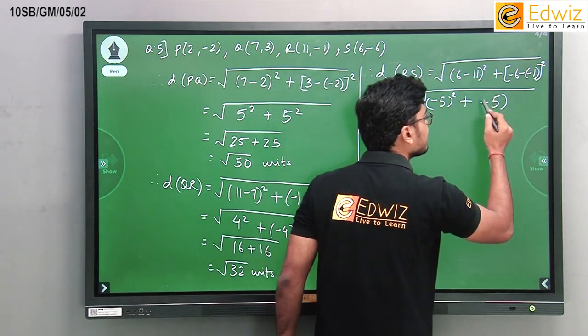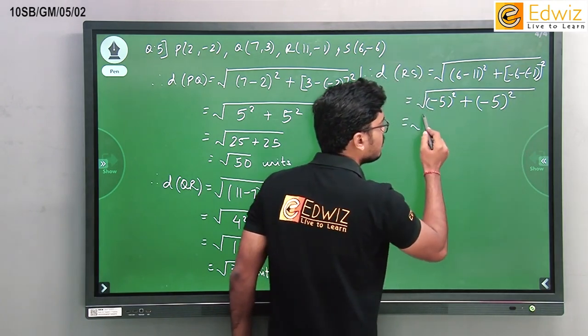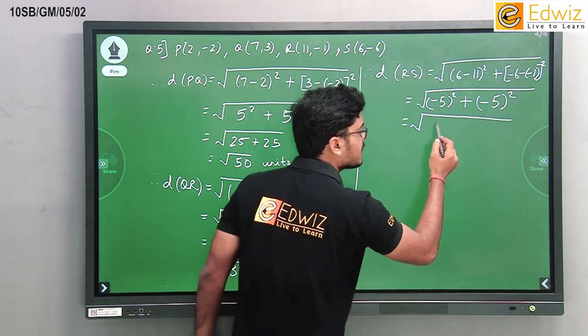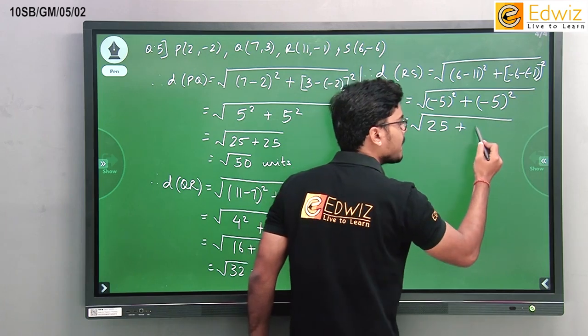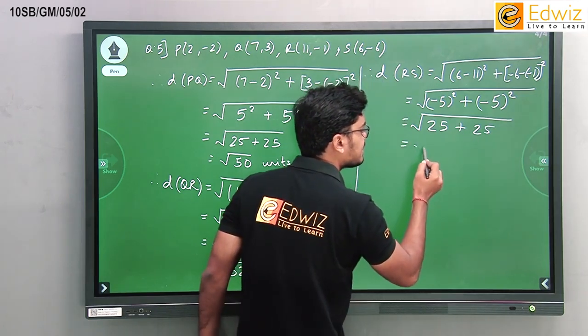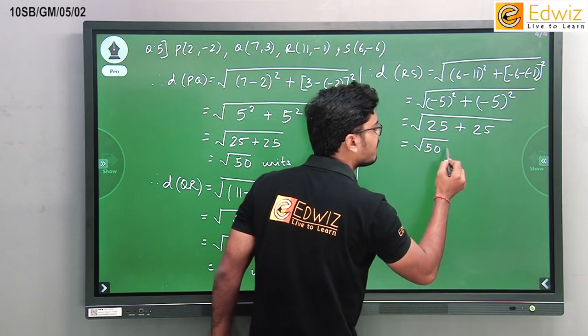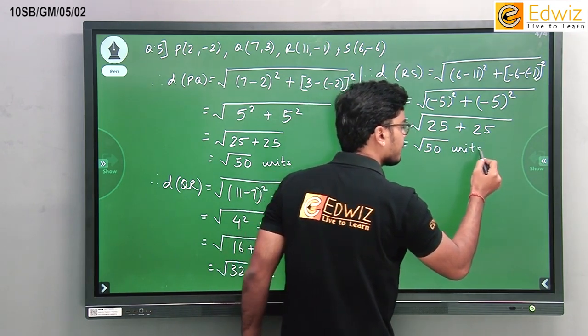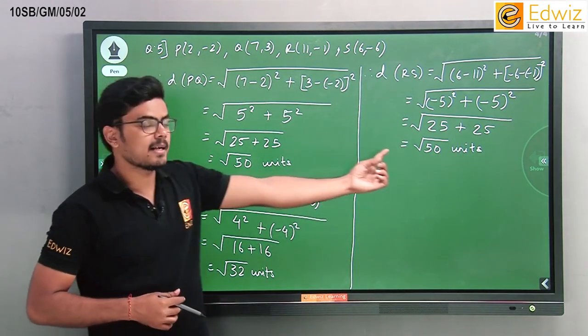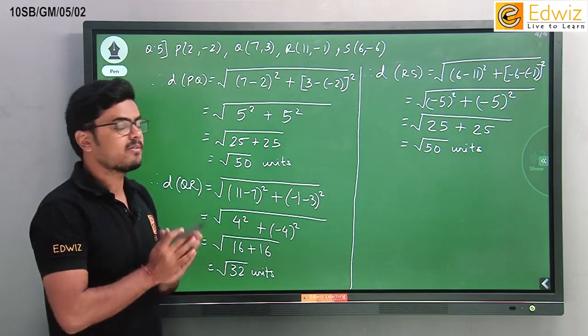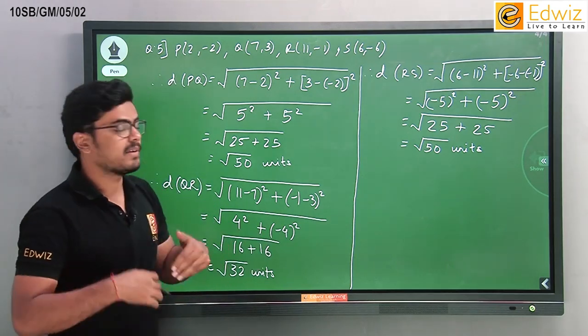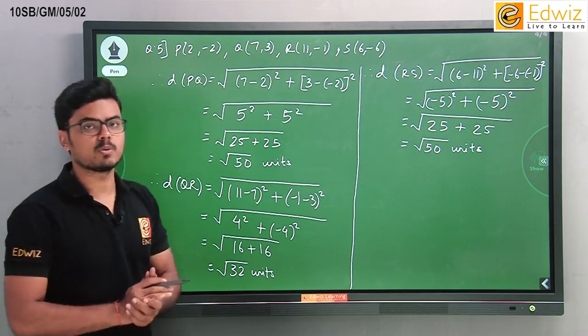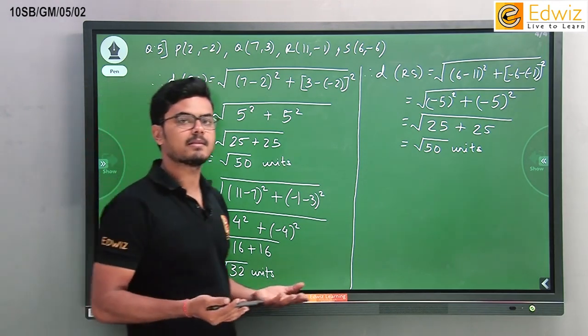Once again this is minus 5 square. So minus 5 square is positive 25. This is also positive 25. As you can see we are getting this equal to root 50 units once again. So these 2 sides are equal. That we have verified. Let us find out whether the next side is equal to root 32 or not. If it is equal we can say it is a parallelogram.